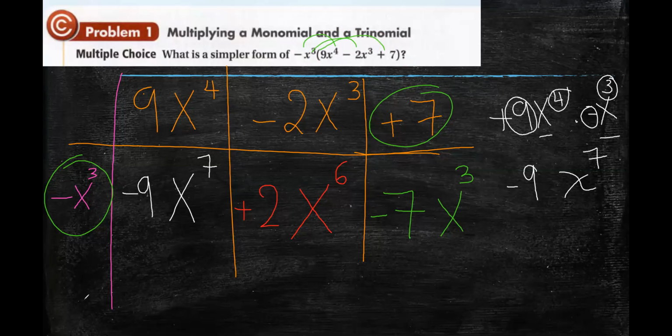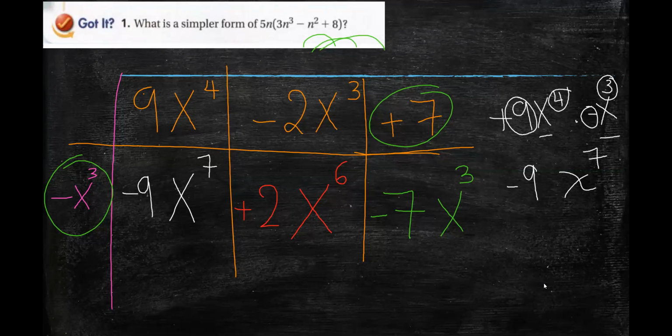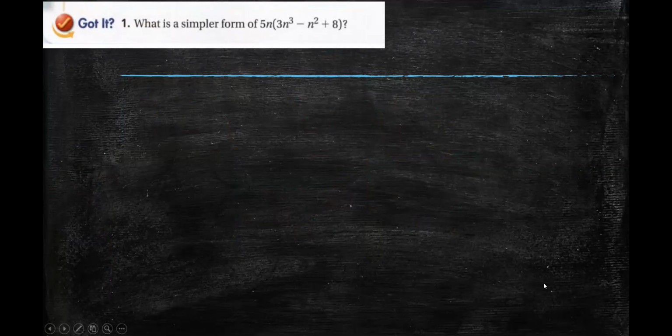Let's have another example. I want to multiply 5n with 3n cubic minus n squared plus 8. What do I have to do?